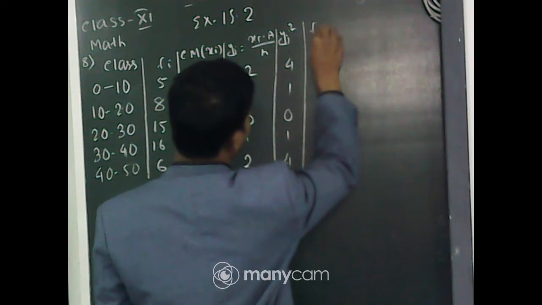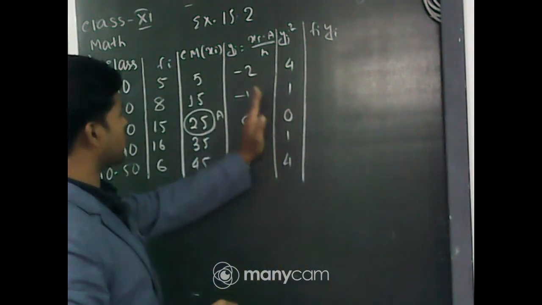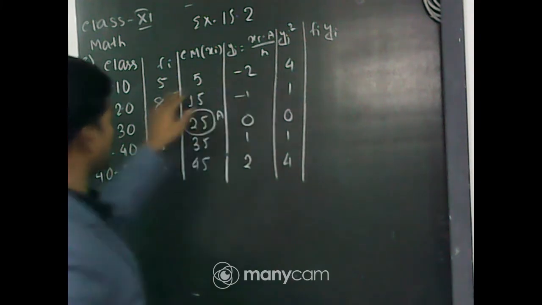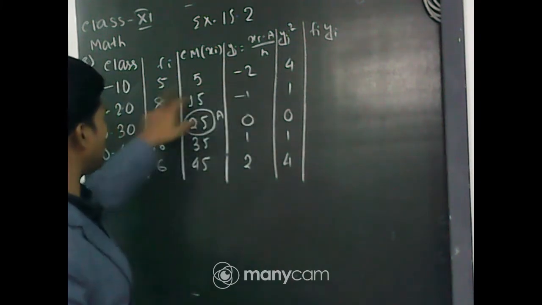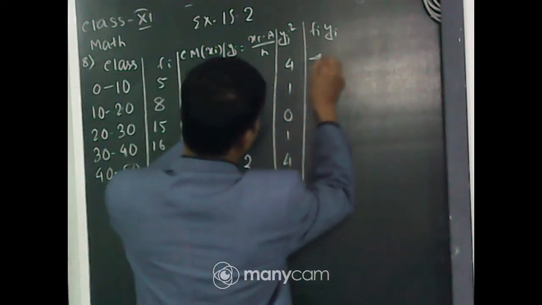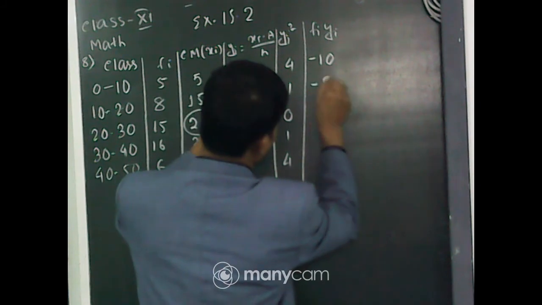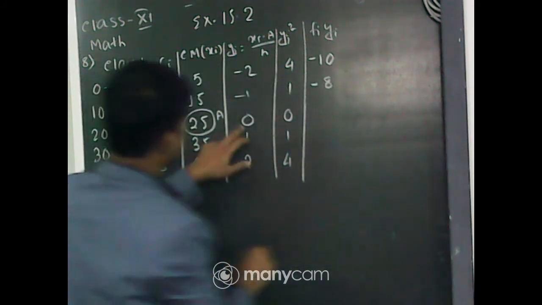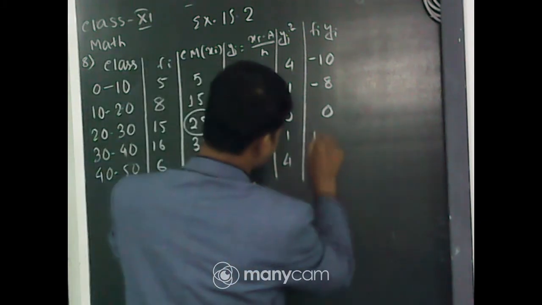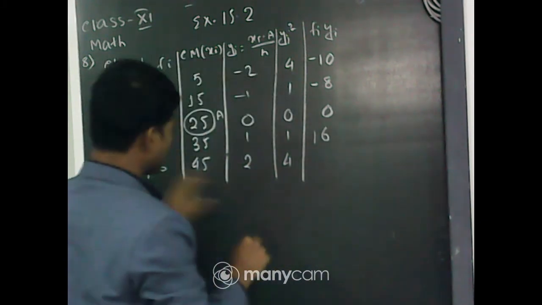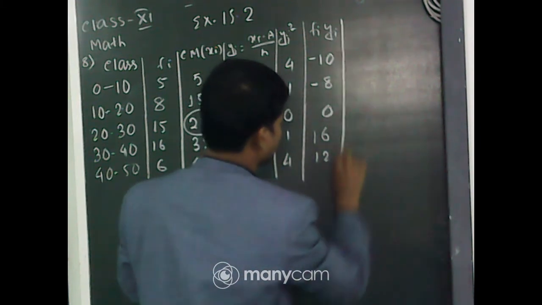Then find fi yi. Multiply each element of fi by the corresponding element of yi. So 5 into minus 2 is minus 10, 8 into minus 1 is minus 8, 15 into 0 is 0, 16 into 1 is 16, and 6 into 2 is 12.